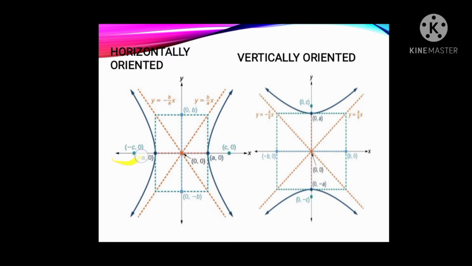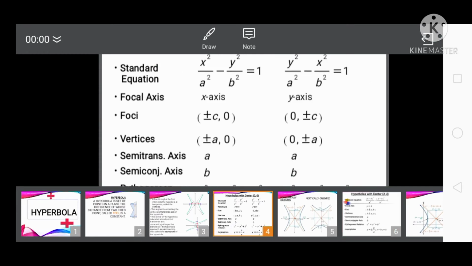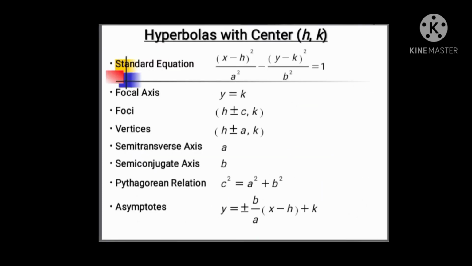This is the foci. It is the same for the vertically oriented. The only difference is that the horizontally oriented faces left and right, and the vertically oriented faces up and down.